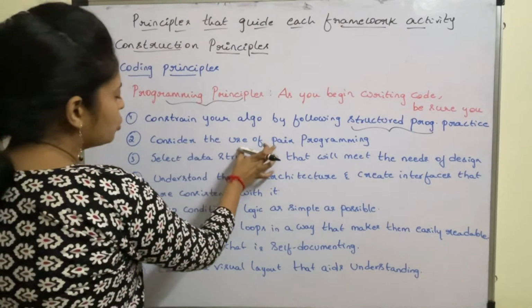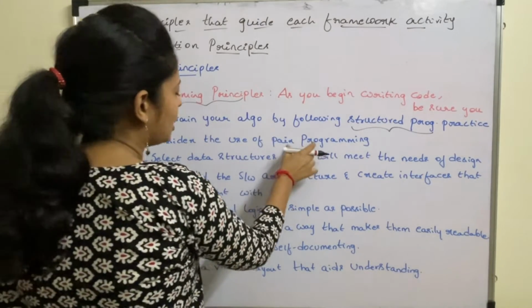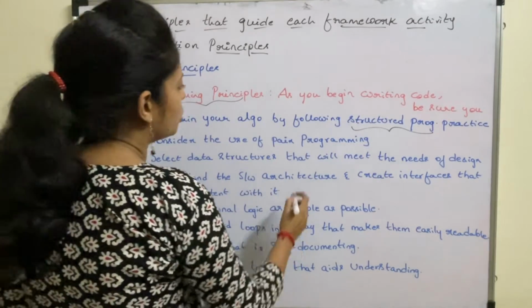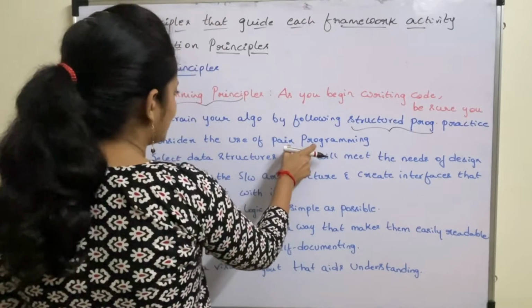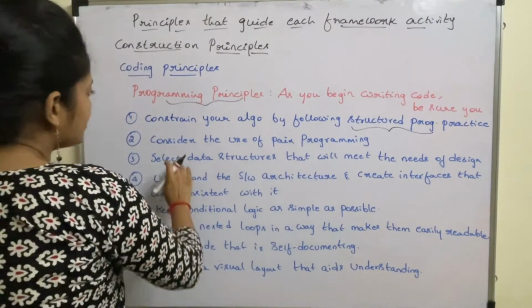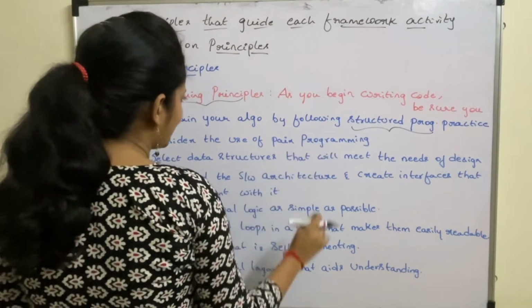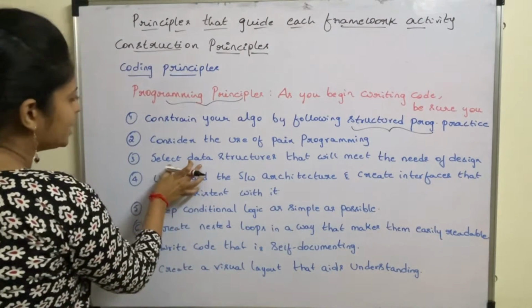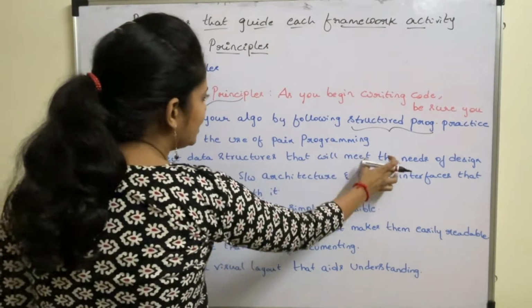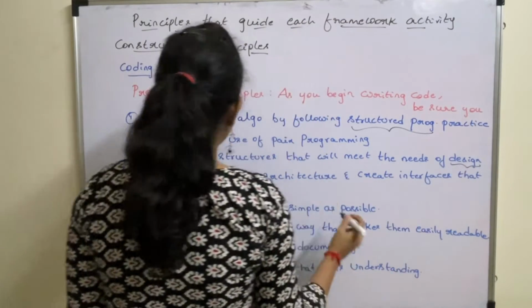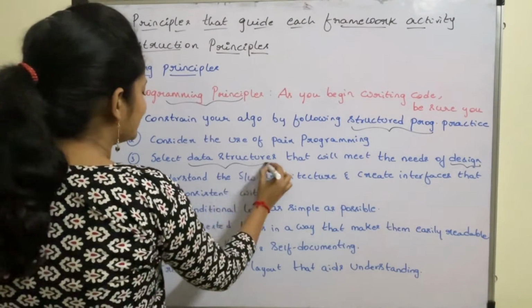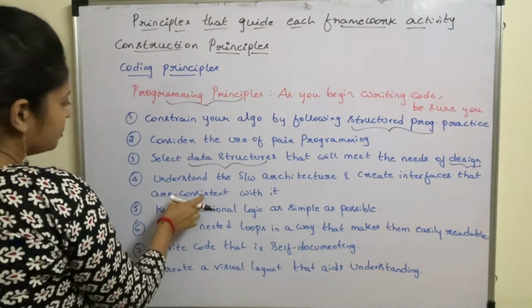Next, consider the use of pair programming. Pair programming means two programmers work together at a single workstation. This is a software development practice. Next, select data structures that will meet the needs of design. Based on the type of design, you need to choose the respective data structure.